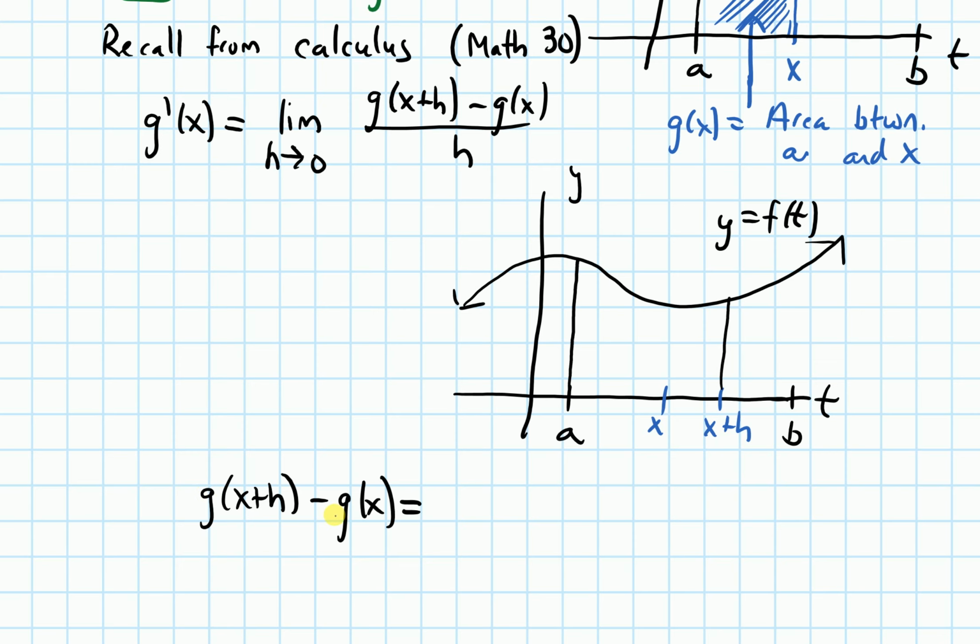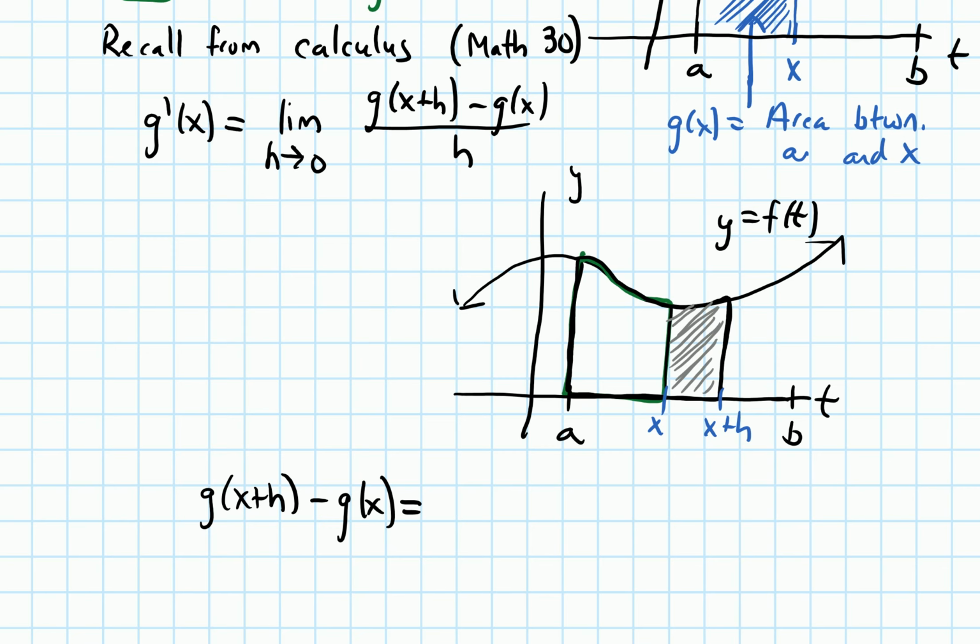G of x is the area under the curve from a to x. So the first term is the whole area all the way up until x plus h. The second term is the area from a all the way until x. When we subtract them, what we are left with is the area from x to x plus h.